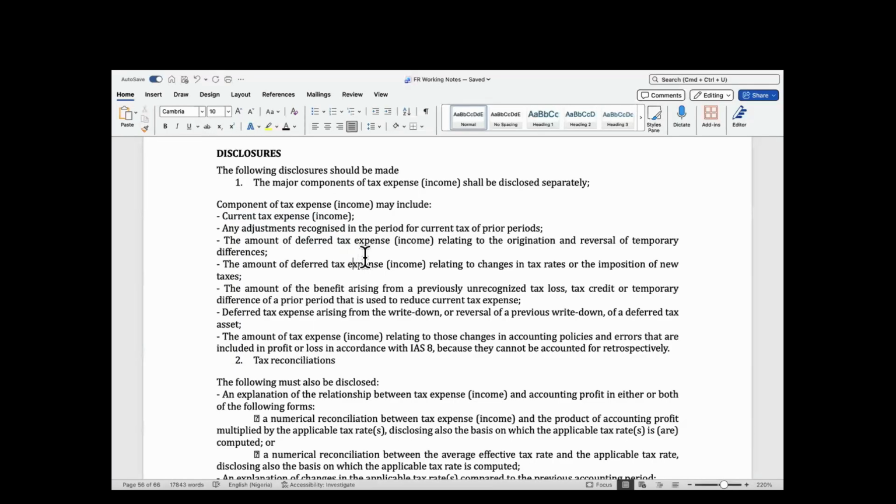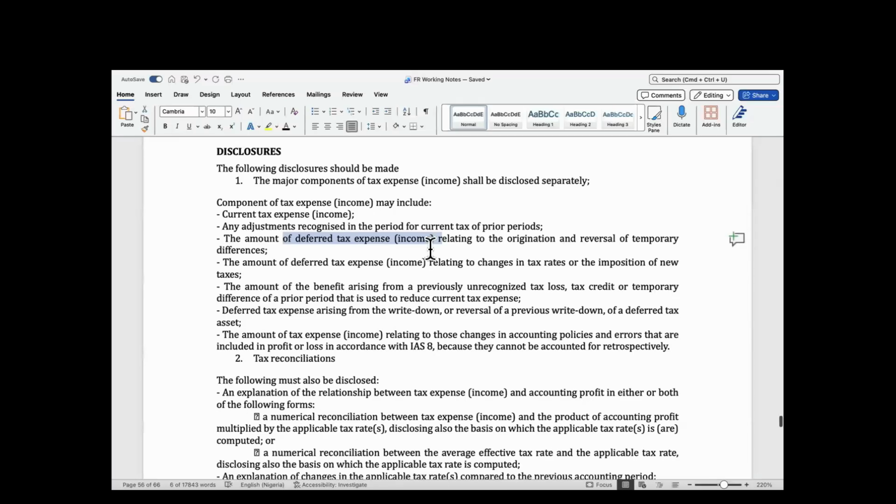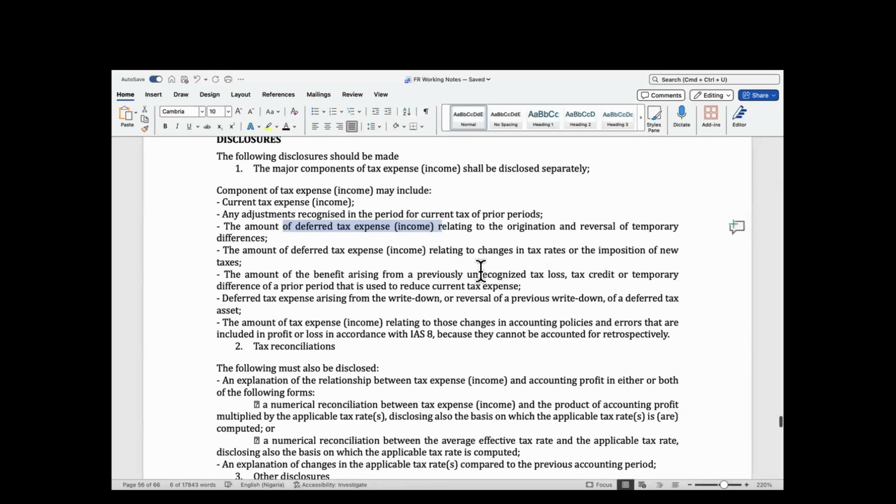Instead of saying deferred tax, you can say deferred tax originating from temporary difference, deferred tax originating from tax losses carried forward or unused tax credits like that. So that would give you like 5 points in the exam.